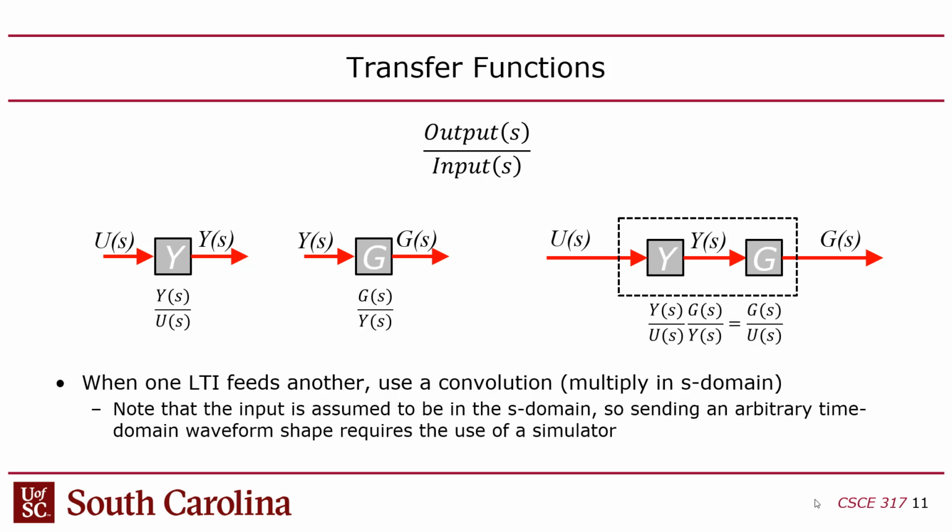This becomes very computer sciencey, because you feed the output of one into the input of the other, and you get the equivalent transfer function of the conjoined transfer functions by doing a convolution operation, which is simply multiplying the transfer functions in the S domain. It doesn't look so pretty in the time domain, but in the S domain, it's very elegant, right? So if you have these two transfer functions, you just multiply them together.